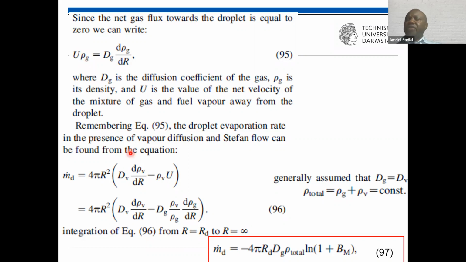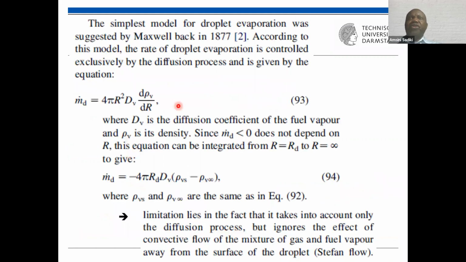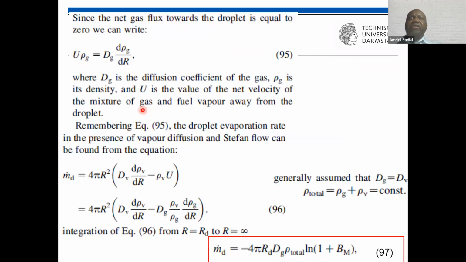We have to add this effect to this expression here, where we add only the Stefan flow, as we did yesterday, and we add this, where the gas is for our vapor, and this is for our vapor too. And we put them together, okay?